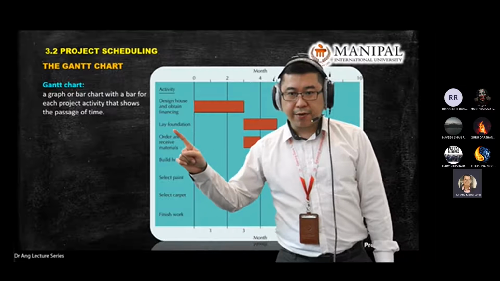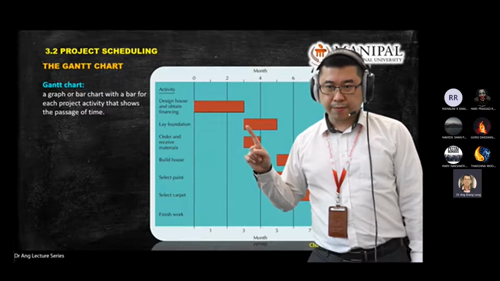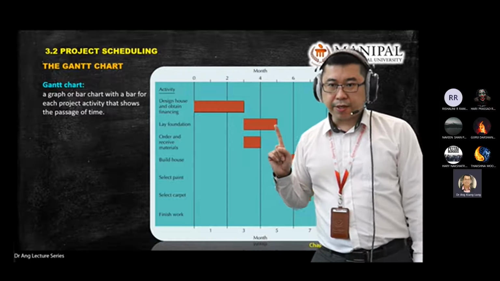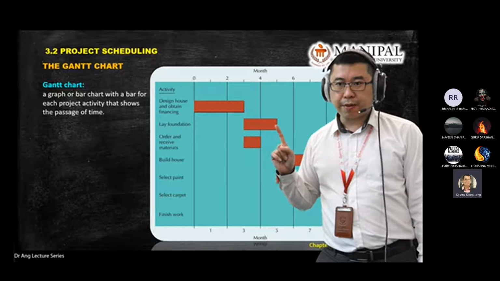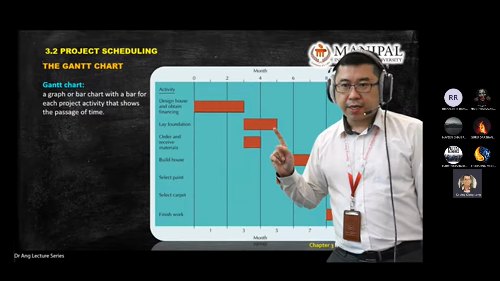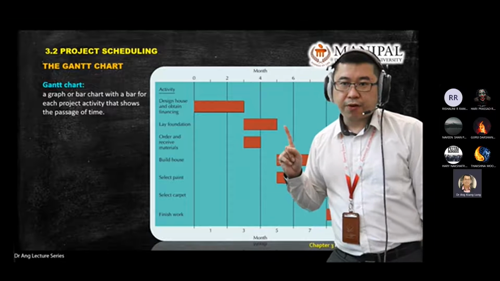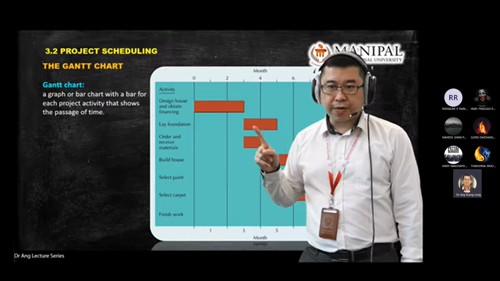Second activity, lay foundation, it needs from the 3rd month until the 6th month, but the total time you need for activity number 2 will be, sorry, this is 3, 4, 5, right? 3, 4, 5.